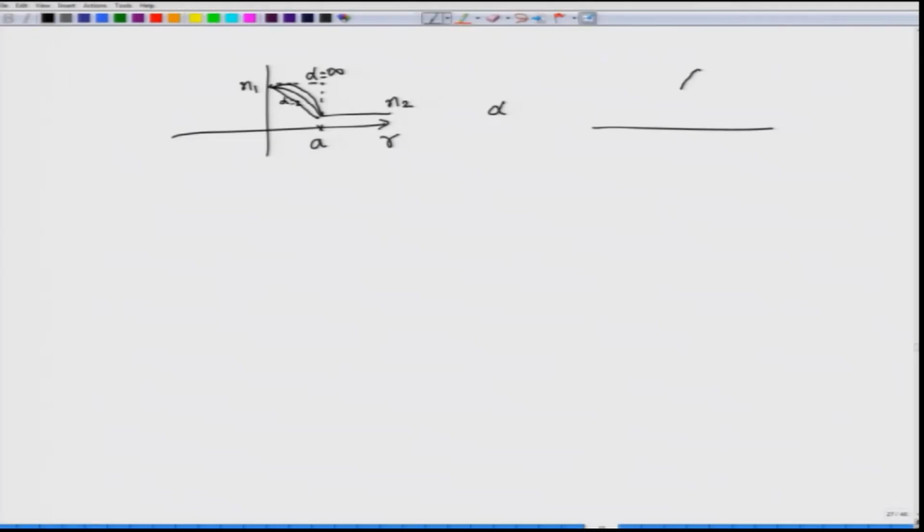So, if I were to look at a real refractive index profile, you will actually see something like this. Okay. So, there is a central dip because of the manufacturing process, and so where it is supposed to be maximum, it is actually kind of minimum in the core itself. So, this is N2 and you can think of this as N1.